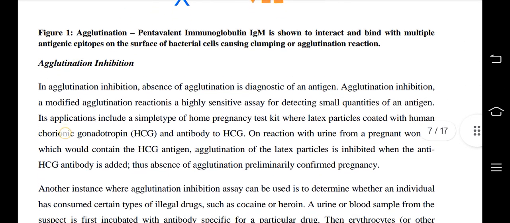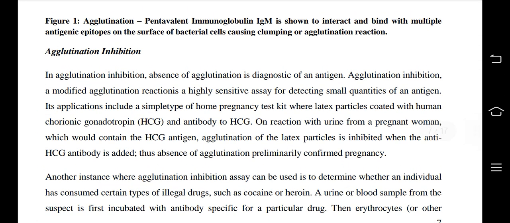Agglutination inhibition. In agglutination inhibition, absence of agglutination is diagnostic of an antigen. A modified agglutination reaction is a highly sensitive assay for detecting small quantities of an antigen. Its applications include the simple type of pregnancy test kit, where latex particles coated with human chorionic gonadotropin and antibody to HCG are used.